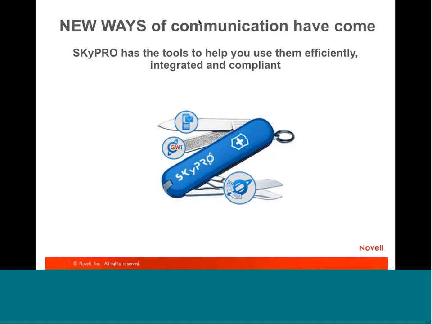So as I said, these new ways of communication come, and organizations have to figure out how to use those tools in the most efficient way, the most compliant way, and also preferably in an integrated way. That's where SkyPro comes into play. That's where we have our tools. The main tool obviously would be GW Talk, where we can integrate all these new fancy things.